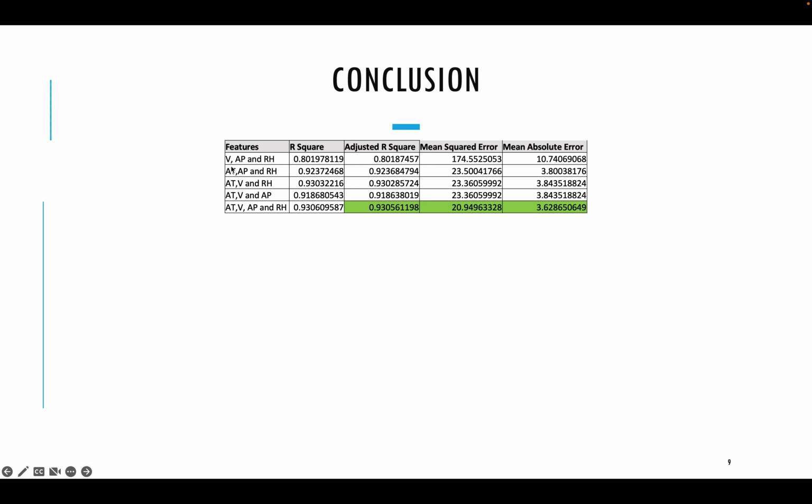However, the moment I remove this one, the mean squared error and the mean absolute error spike quite a lot, which indicates that this feature is something we should definitely use in this algorithm, and it gives us better predictability. So that's my submission. Please review it. Thank you.